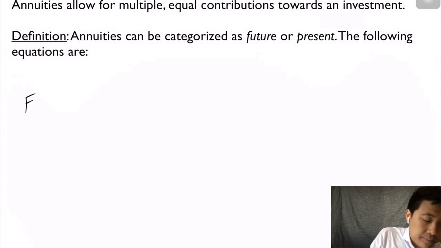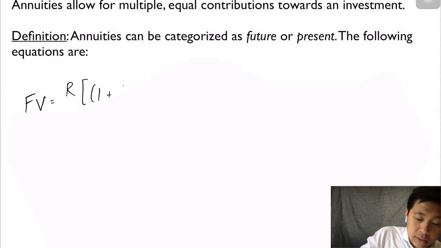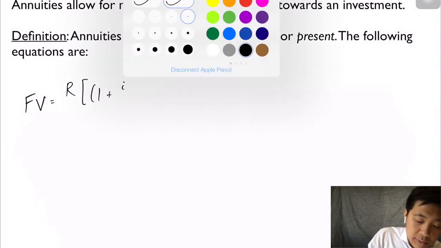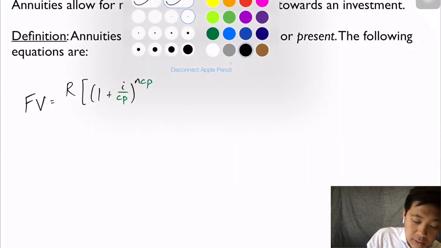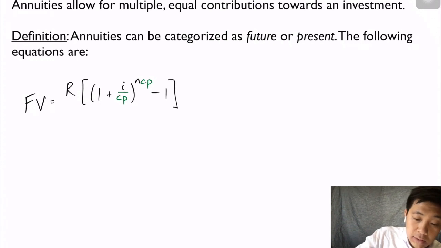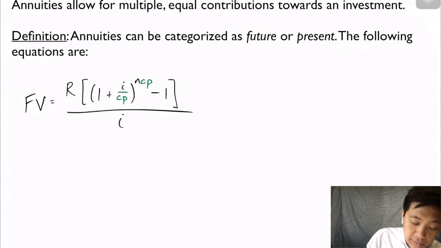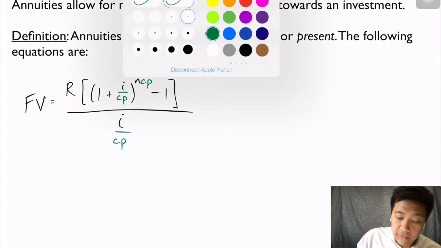Future value equals one plus I over CP, to the N times CP, minus 1, all over I divided by the CP. So that's the future value version.